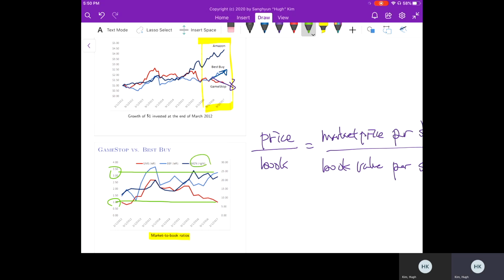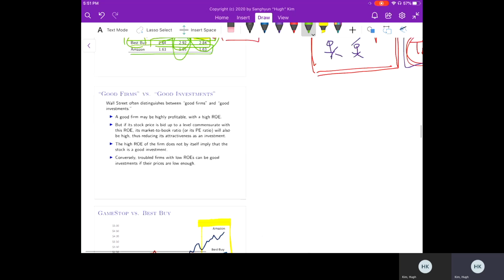Amazon is on the right scale. Amazon's price to book ratio is over 20. So Amazon is way more expensive than both GameStop and Best Buy. So investors recognize this future potential for Amazon. As you can see here, good firms tend to be expensive.